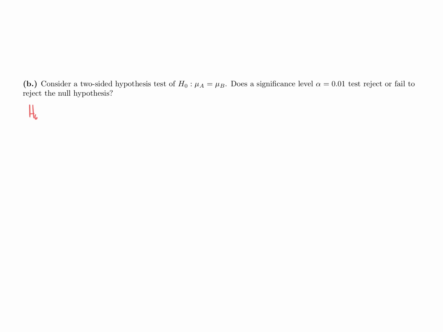Our null is that mu A equals mu B, or mu A minus mu B equals 0. And our alternative would be that mu A does not equal mu B, or that mu A minus mu B does not equal 0. That's how we get our two-sided test. It has to be not equal.